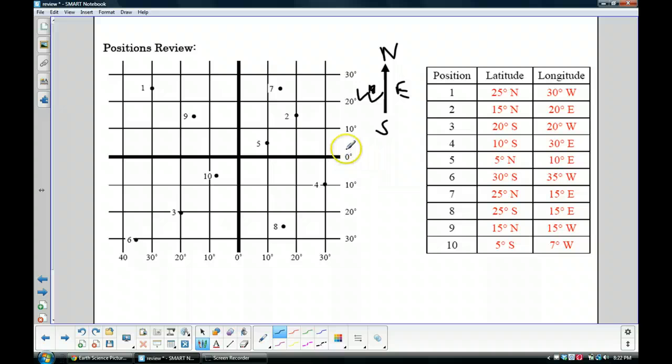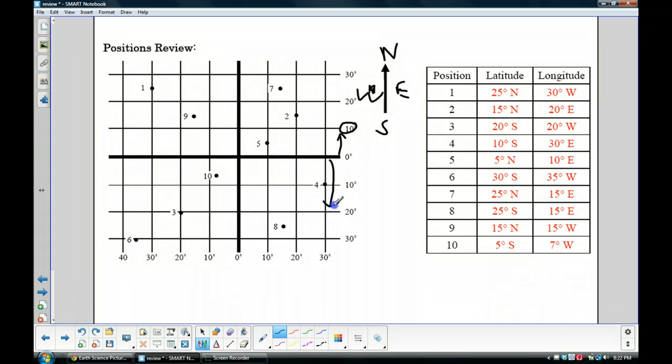You want to have some way to remember that, because if, let's say, I'm at 10 degrees on this line, where am I in relationship to my zeros? If this line is running this way, where am I in relationship to this 0 line? Well, I am north of it. Where am I if I'm down here at 20 degrees?